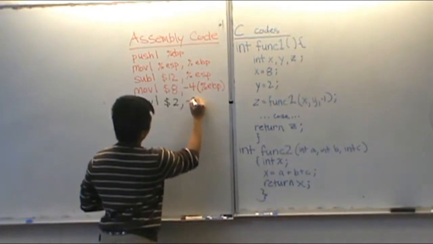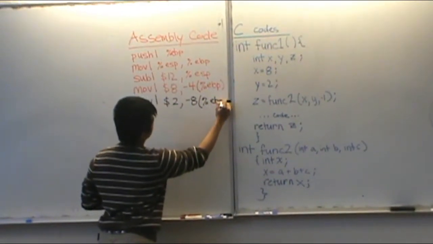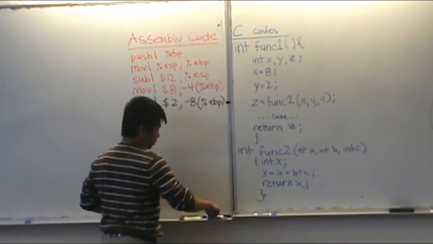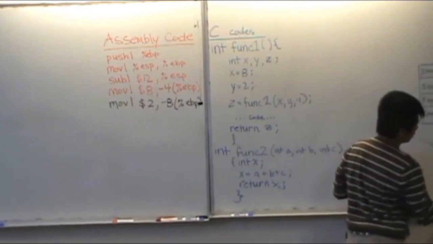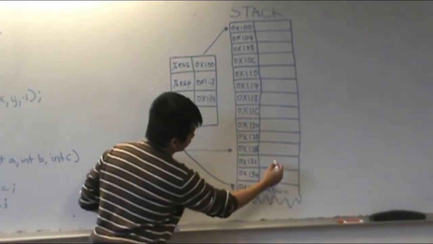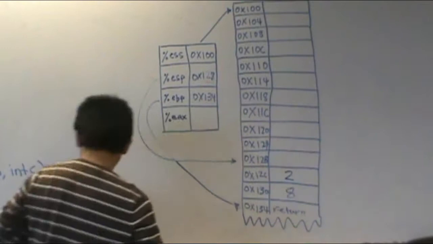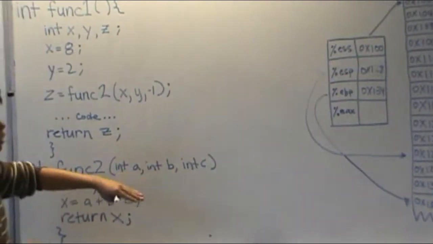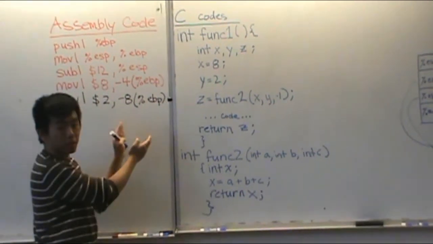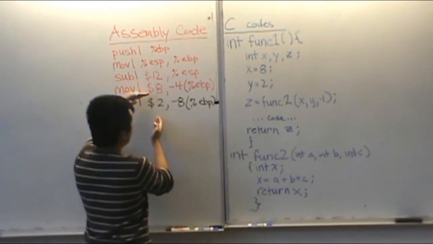So it will be -8(%ebp). This will make the address 12C have the value 2 in it. As you can see, we did not change EBP because EBP is inside parentheses, just addressing where to store these values.